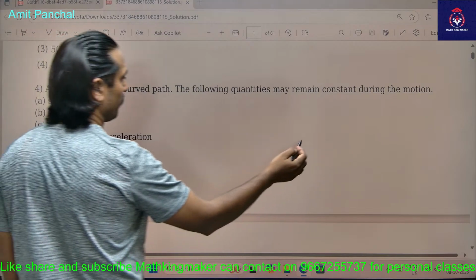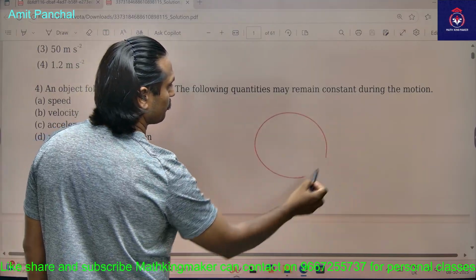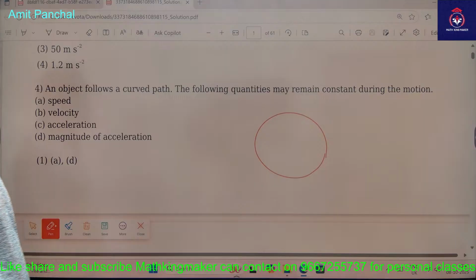If it's a curved path, what will remain constant?